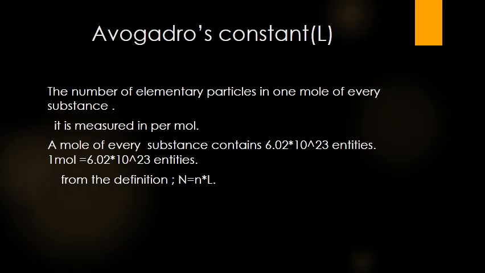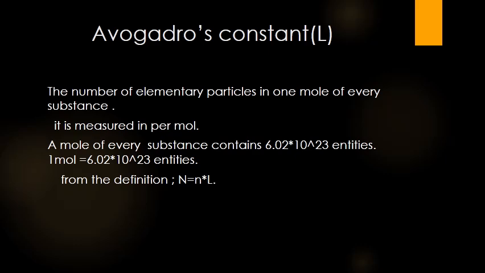And here we are saying Avogadro's constant is the number of elementary particles in 1 mole of every substance. So if you look at the two definitions, there's a link between the mole and Avogadro's constant, which we'll get to understand later in the presentation.